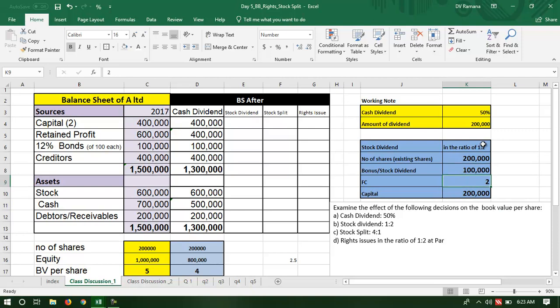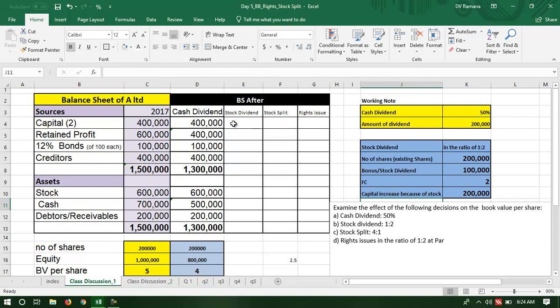So for every 2 shares, 1 share is given. So the new shares issued is 100,000. The face value of the share is 2. So the amount of capital increase because of the stock dividend is 200,000.